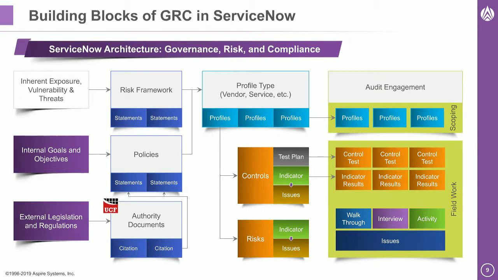Unauthorized access becomes a risk for the payroll system, which is mitigated through the control of having role-based access and multi-factor authentication. So I hope now you all understand how the policy statement and risk statement, when applied to a profile type, get converted into specific risk and control for that particular profile. Now with the risk and control created for a profile, we can do a risk assessment specific to the profile.